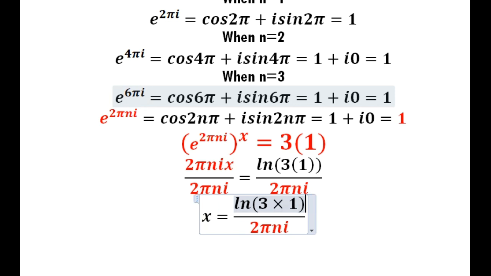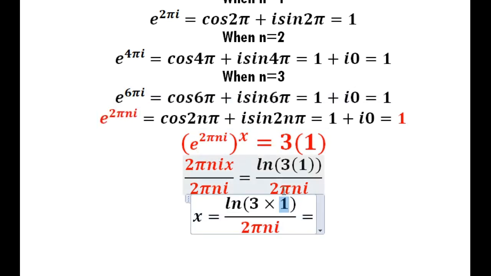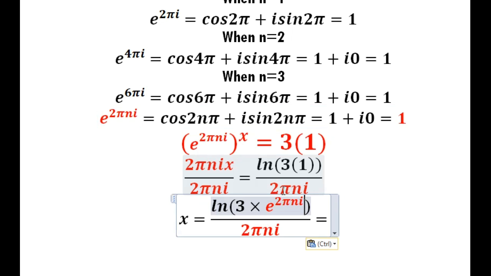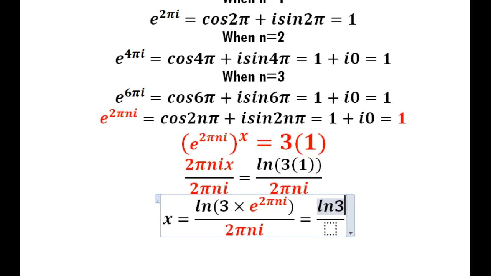So what happens here? 1 is the same as e^(2πni). So where there is 1, we are going to put e^(2πni). When the log goes inside, in the numerator we are going to have ln of 3, then the multiplication sign will change to what?